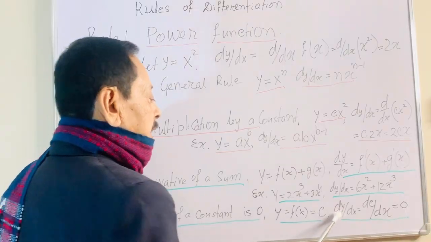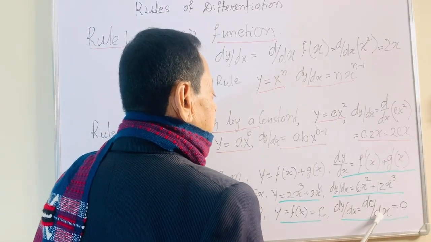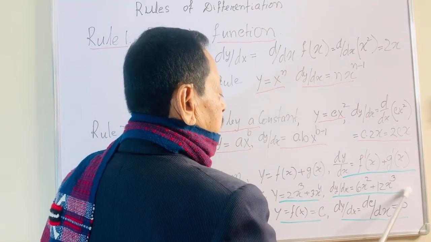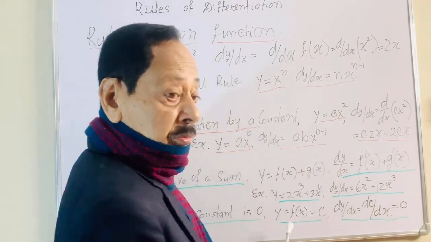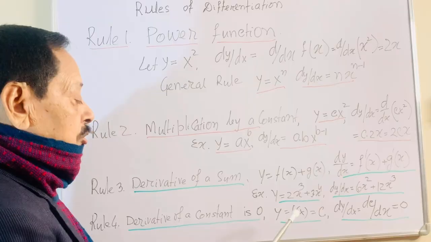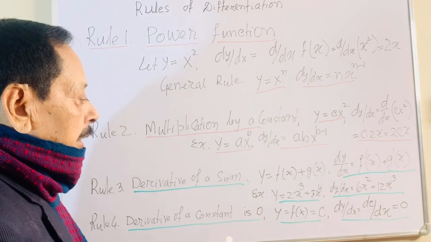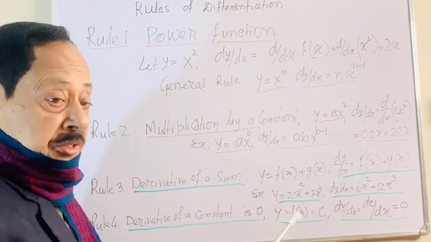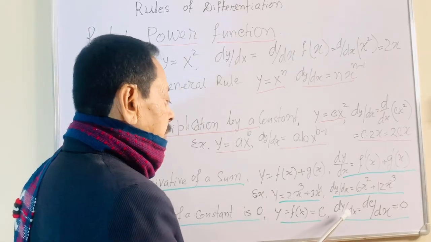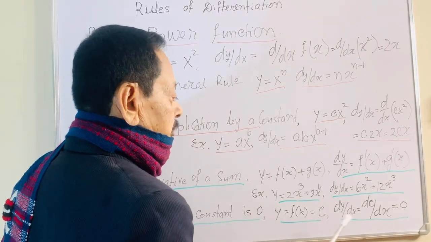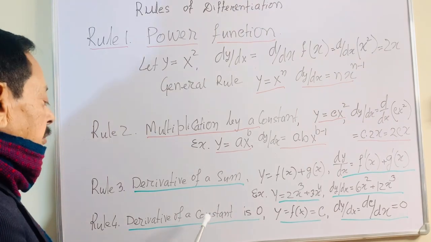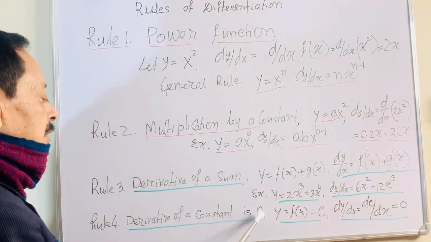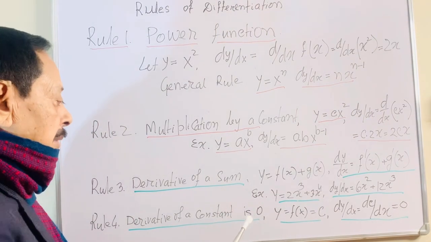So dy by dx is equal to dc by dx is equal to 0. Again this can be proved by seeing the difference quotient and limit. You will find that dy by dx of a constant function is 0. So the derivative of a constant is 0. That we have to remember.